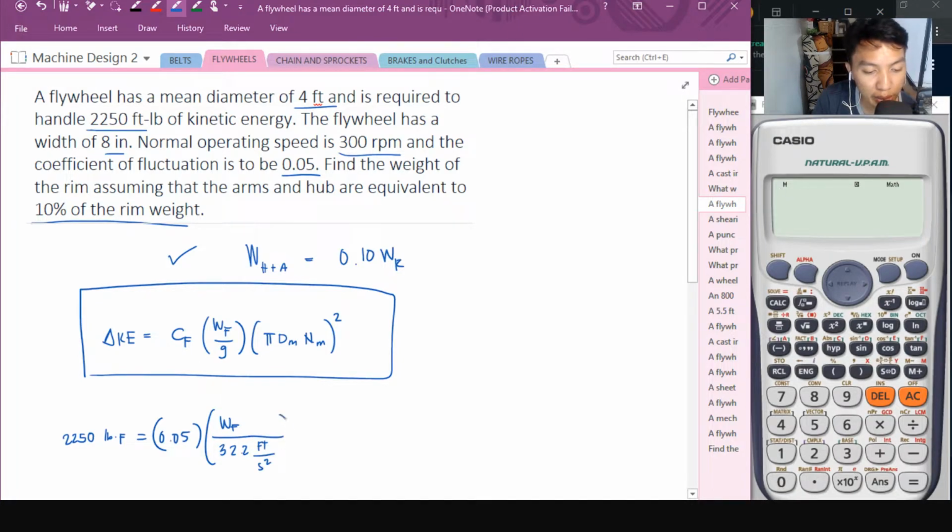You multiply it with pi times mean diameter. Okay, 4 feet daw. Ilang inches yan? So, 4 feet, multiply mo ng 12, that is 48 inch.